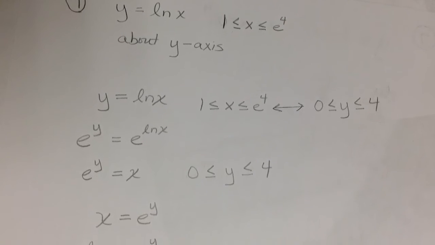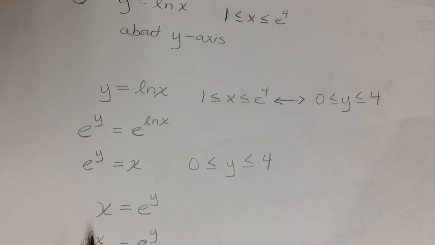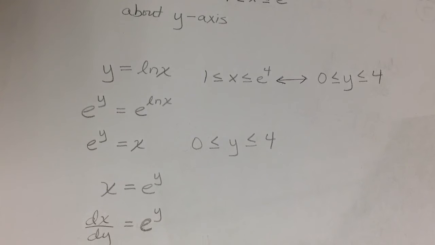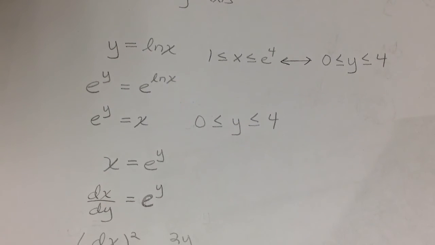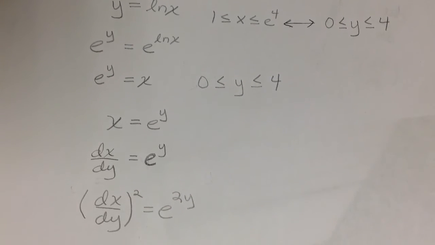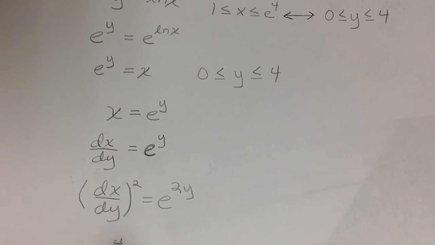And using the commutative property of equality, we have x is equal to e to the y. And working with the derivative of x is equal to e to the y, well, e to the y stays the same, so the derivative dx over dy is equal to e to the y, and we're going to square this out. And so for the square of e to the y, and thus the square of the derivative of dx to dy, we have e to the 2y.